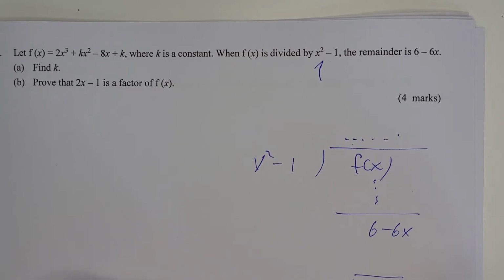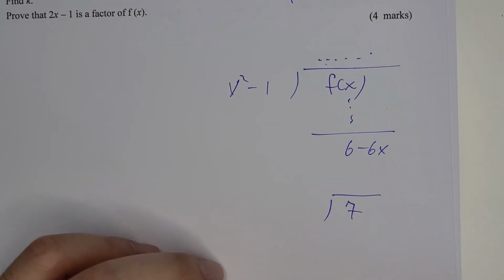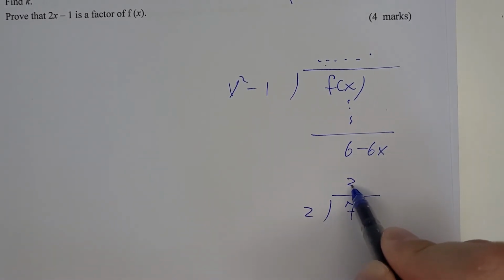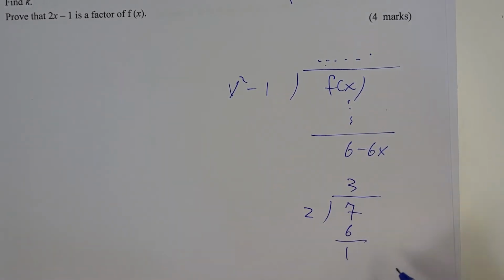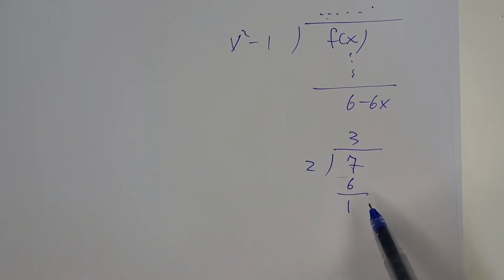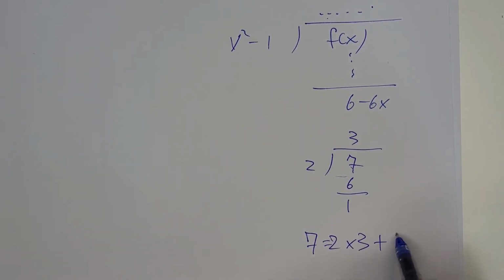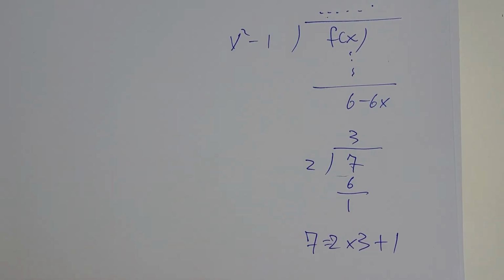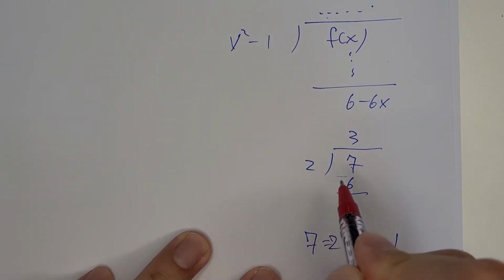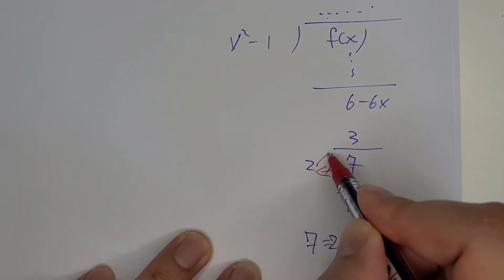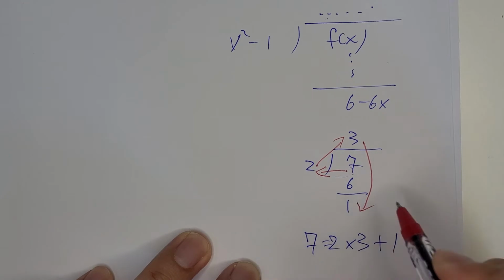Suppose a number 7 divided by 2. You will know the quotient is 3 and the remainder is 1, right? And how do you write it back in the form of the equation horizontally? So 7 equals 2 times 3 plus 1.